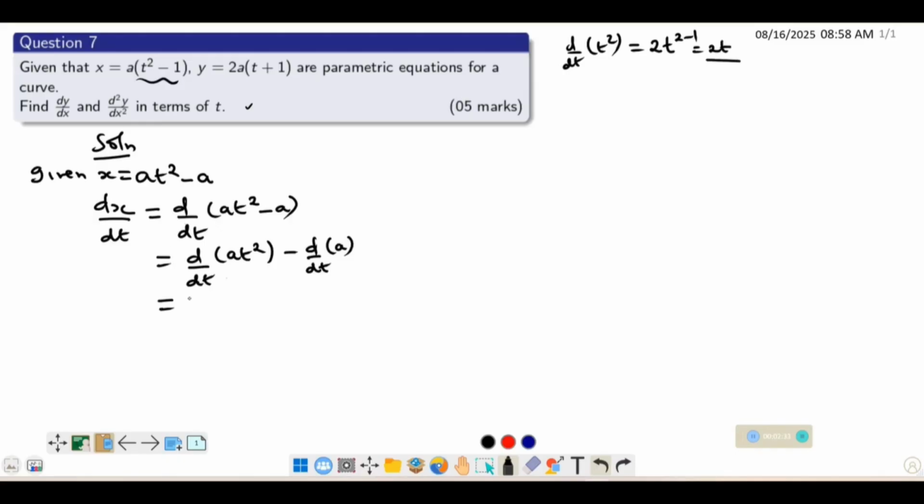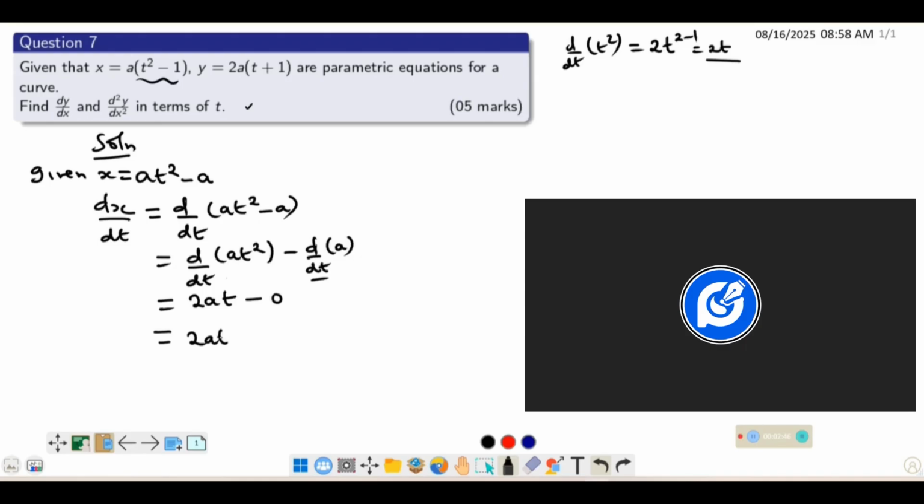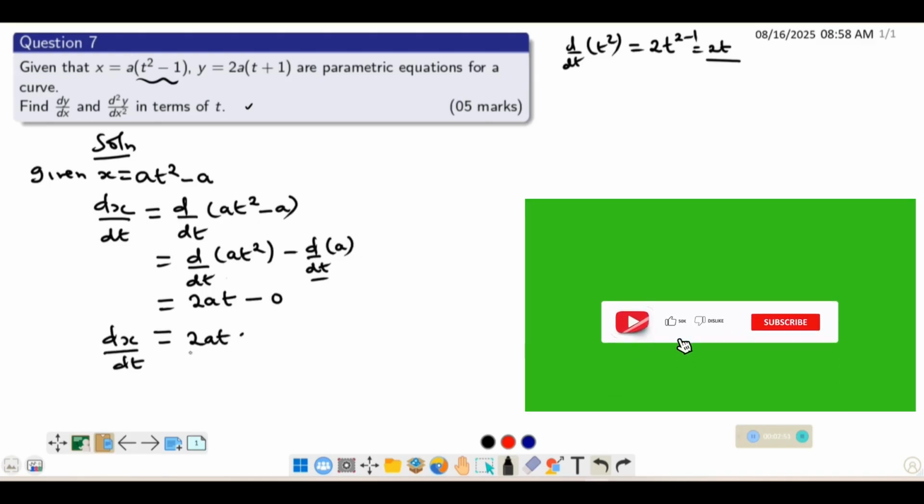So we shall have 2at minus the derivative of a constant, which is 0. So this gives us 2at. It implies that dx/dt is the same as 2at. So that is dx/dt.